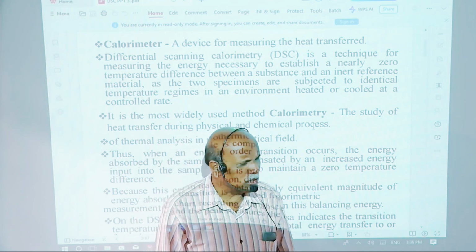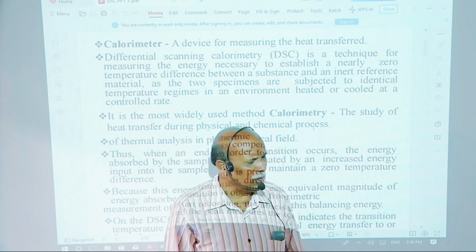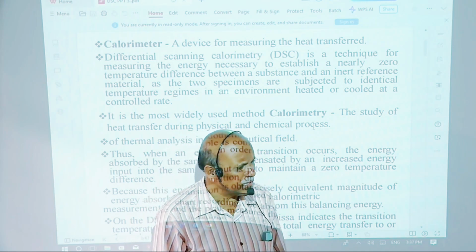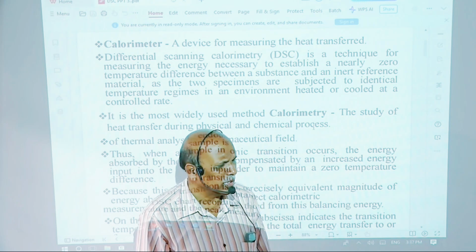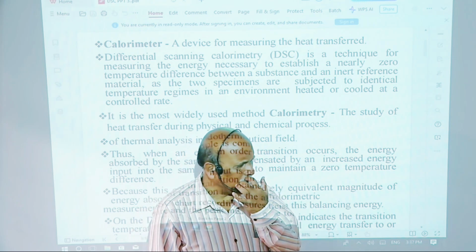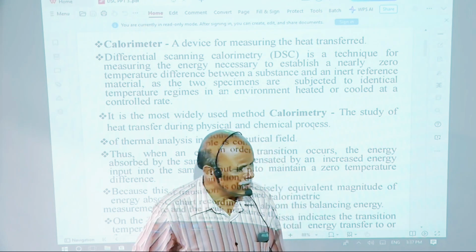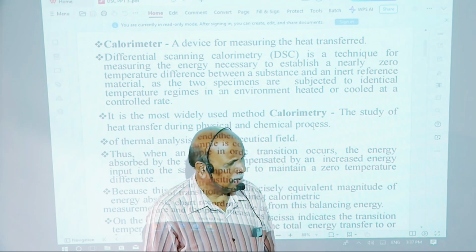It is the most widely used method of calorimetry, the study of heat transfer during physical and chemical processes, and of thermal analysis. It is used in the pharmaceutical industry.